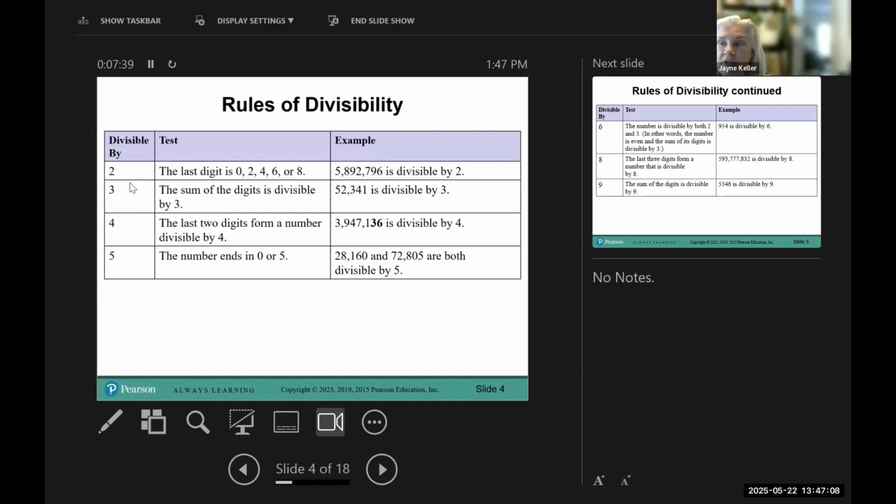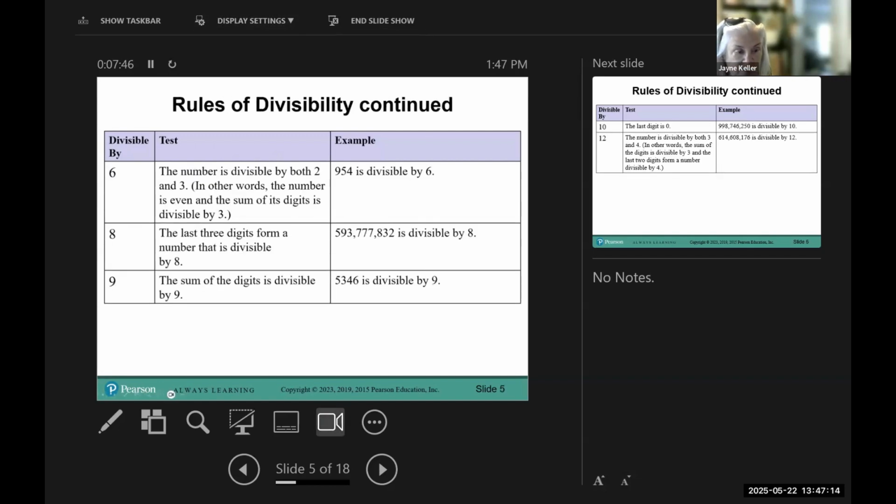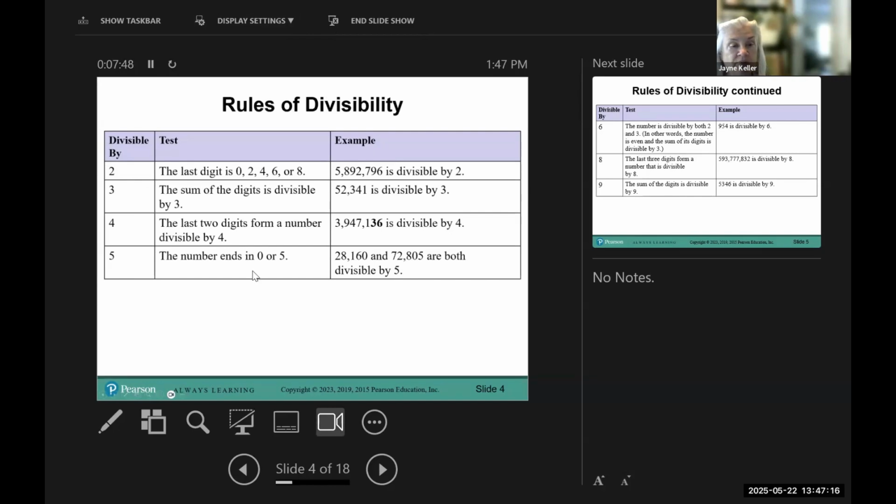For divisible by 3, I can look at whether the sum of the digits in my number is divisible by 3.